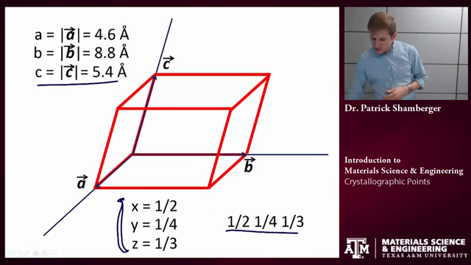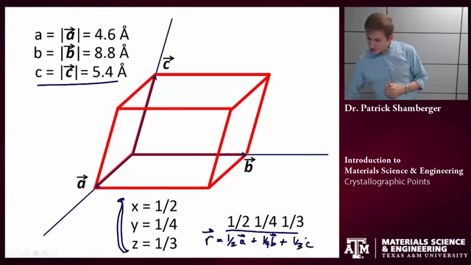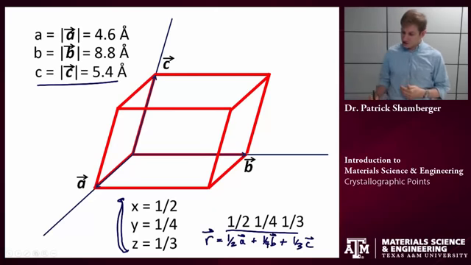Now remember, what this means is you have some vector, and this vector describes the position of the atom, or whatever we're situating in the lattice, in terms of the three principal vectors.